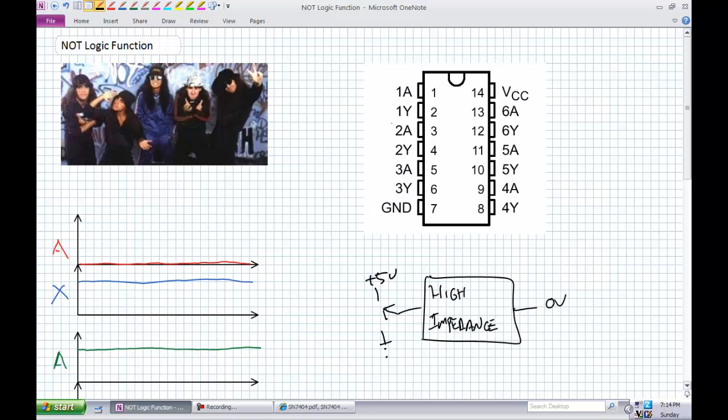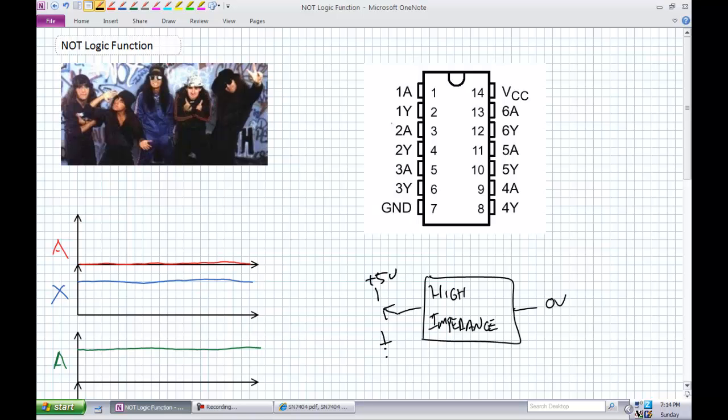I know this is a fixed function integrated circuit. I know pin 1 will always be an input, and I know pin 2 is always going to be an output. What if that was a programmable logic device where the pin can be an input one day or an output the next day, or an input and an output?